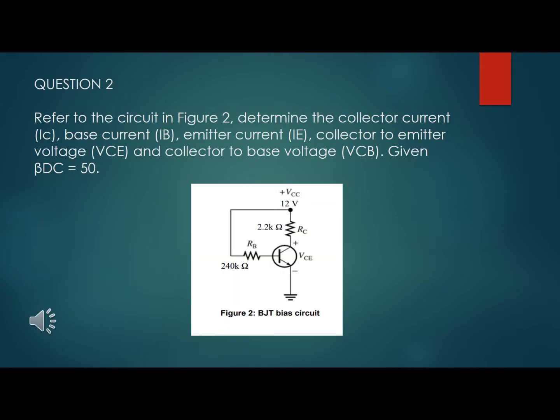Question 2. Refer to the circuit in figure 2. Determine the collector current IC, base current IB, emitter current IE, collector to emitter voltage VCE, and collector to base voltage VCB. Given beta DC is equal to 50.